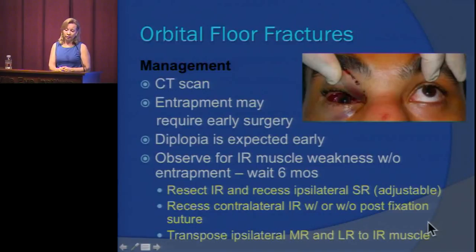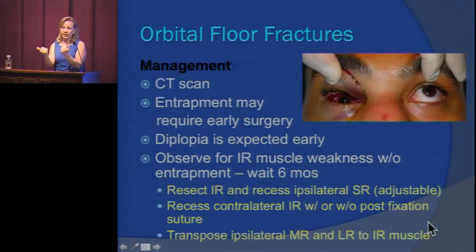If it doesn't recover, you're going to consider an inferior rectus resection and a recess of the ipsilateral superior rectus, possibly on an adjustable. You can also recess the contralateral inferior rectus on the other eye that's not involved, with or without a fixation suture, a Faden suture. And that's a really good technique because you're trying to equal the paretic muscle on the other eye by weakening that.